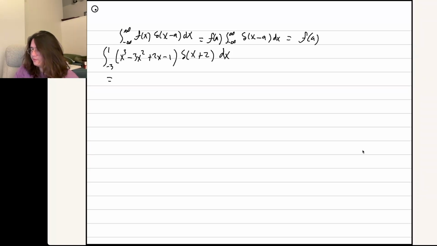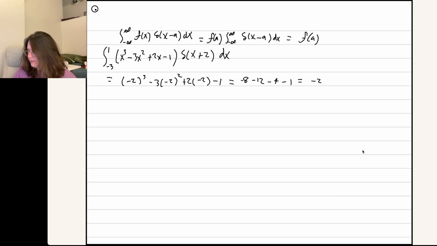So effectively, we're just going to set all of these x values to minus 2, and that's squared. And then we get minus 8 minus 12 minus 4 minus 1, which is minus 25.